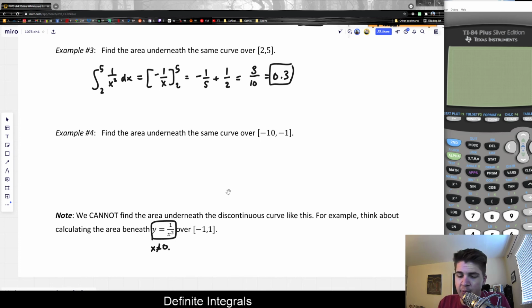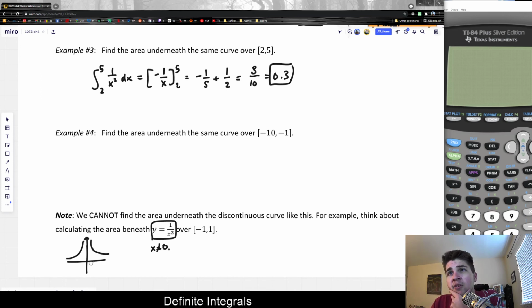If we were to look at the graph of what 1 over x squared looks like, it looks something like this, where it has a vertical asymptote or basically there's a discontinuity in this function. If you remember, whenever there's a discontinuity or a missing limit in a function, like this one occurs at 0, it is not differentiable, and in the same way, it has no antiderivative as well.